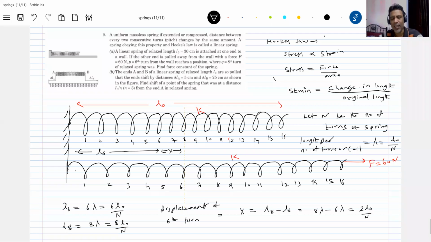Now come for this. He has put one condition. The distance between every 2 consecutive turns changes by same amount. So what do you mean by that? The strain of any part of string should be equal to the total strain of the spring.